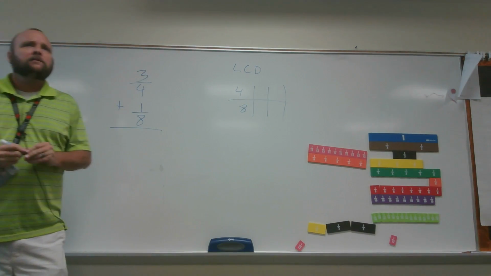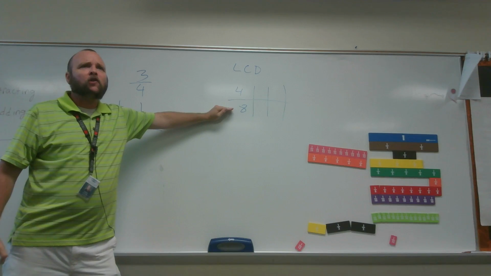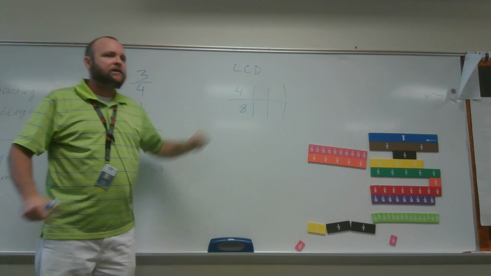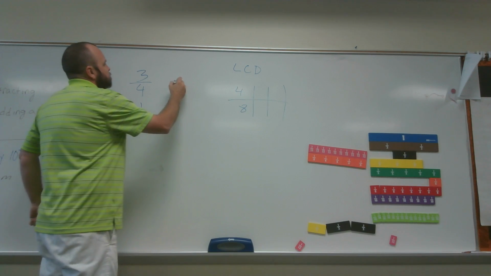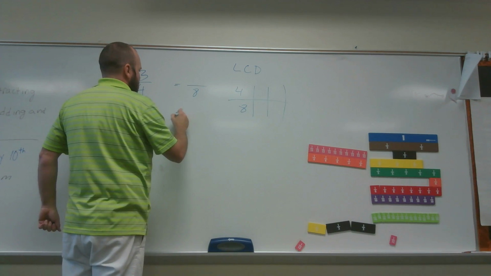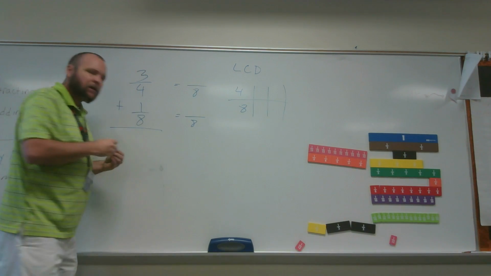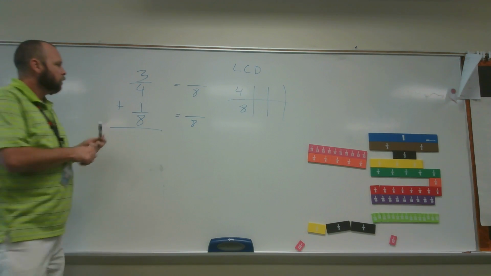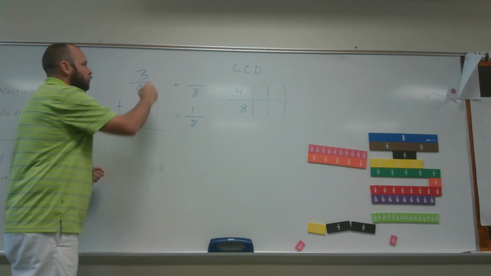All right, Evan, is 8 a multiple of 4? Yes. 4, 8, 12, 16. So 8 is a multiple of 4. So I'll change these so they're both over 8. This one is still 1/8 because it's already over 8.